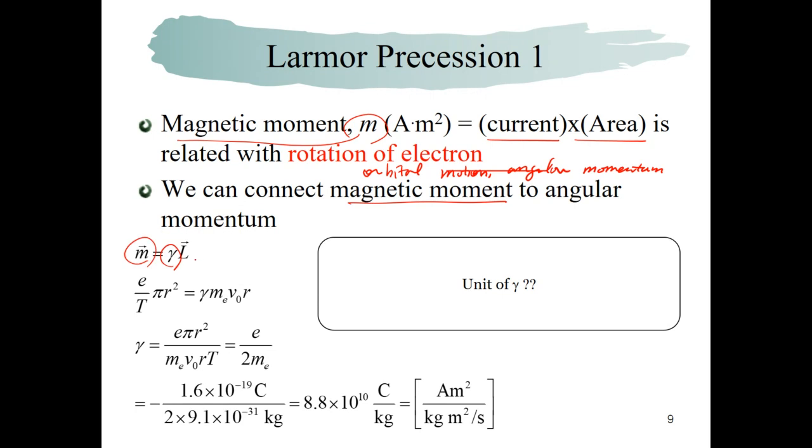The magnetic moment is proportional to the angular momentum. Here is the magnetic moment of the circular motion of an electron, where this is the area and this is the current. And this is the angular momentum of the electron, with velocity v0 and radius r. So we can calculate gamma, the proportionality constant between the magnetic moment and the angular momentum. With simple math, we can find this result.